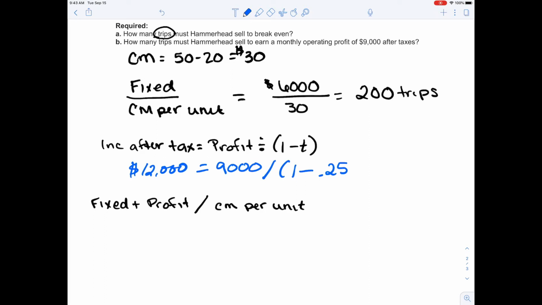So to do that, I'm going to take my fixed costs plus that profit that I need, which is 12,000, and I'm going to divide that all by my contribution margin per unit, which is 30. If I do that math, it comes to 600 trips.